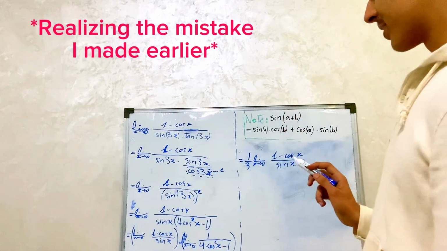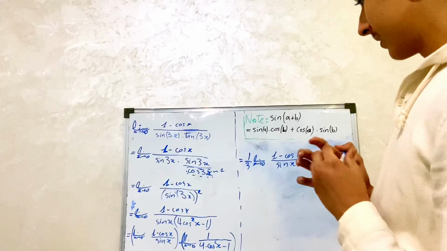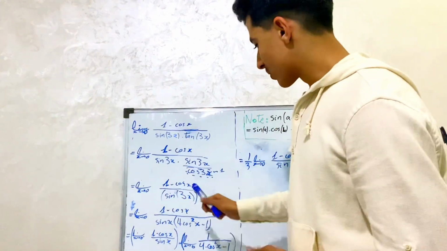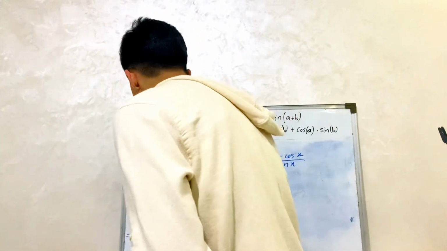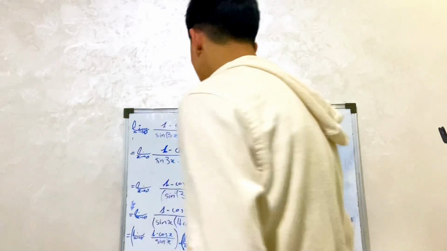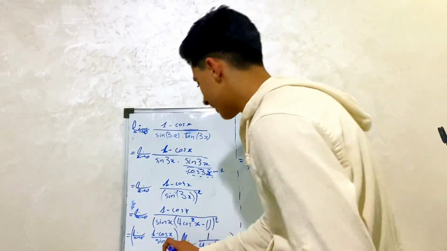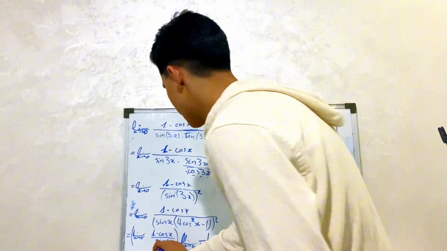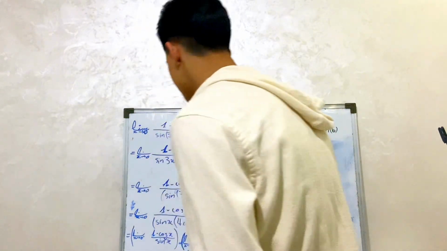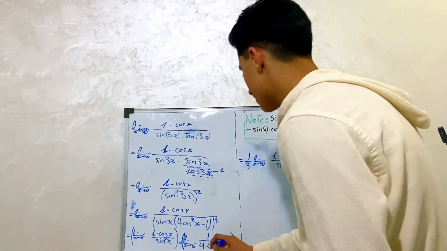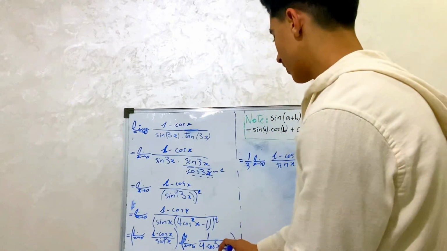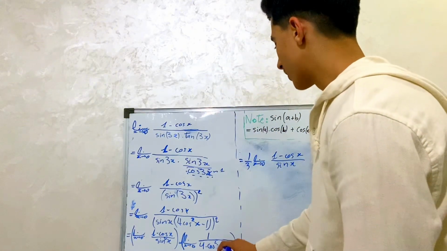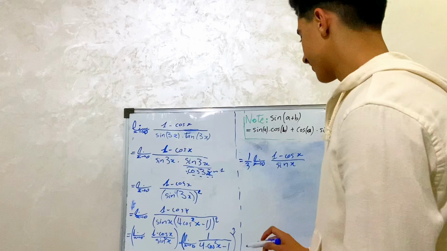Oh, I forgot something here. First, this was squared. I should just put everything here squared, and then this should be squared as well, so sine square x, and this should be squared as well. So if the whole bottom is squared, we can just put the square right here.